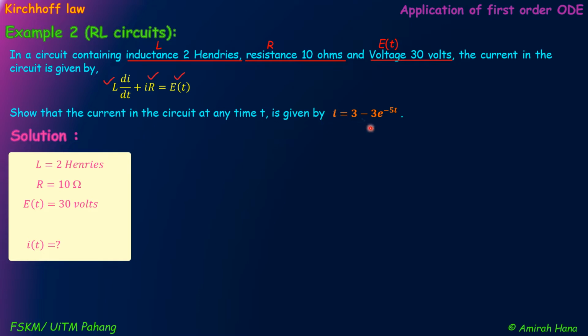When we integrate, we will have plus c at the back. To find the value of c, we need to use the initial condition: when time equals 0, the current equals 0 ampere. We use this information after integration.